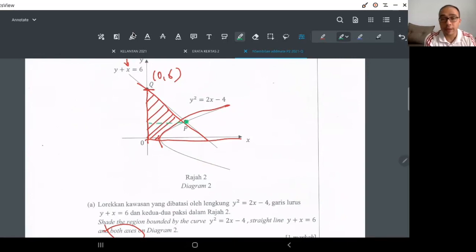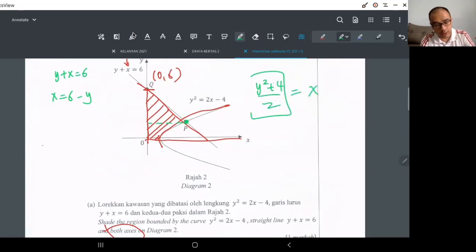You need to find point P, which is the point of intersection. Again, the point of intersection is y equals to y, or rather x equals to x. So y plus x equals to 6 becomes x equals to 6 minus y. This one will be y squared plus 4 over 2 equals to x.